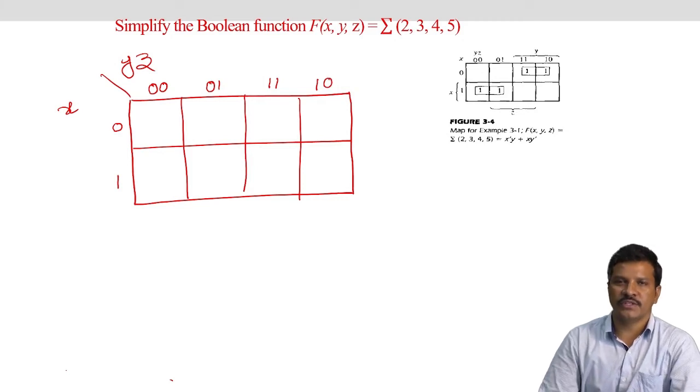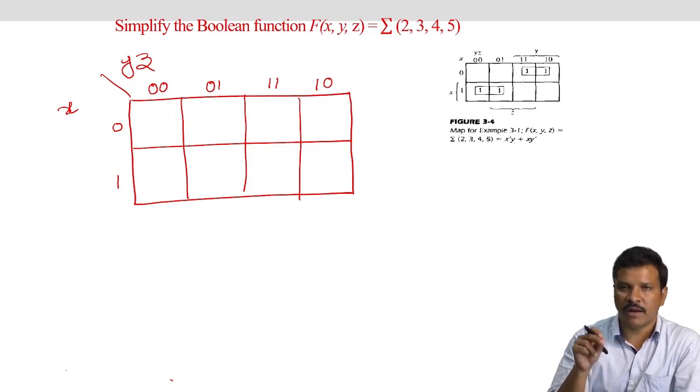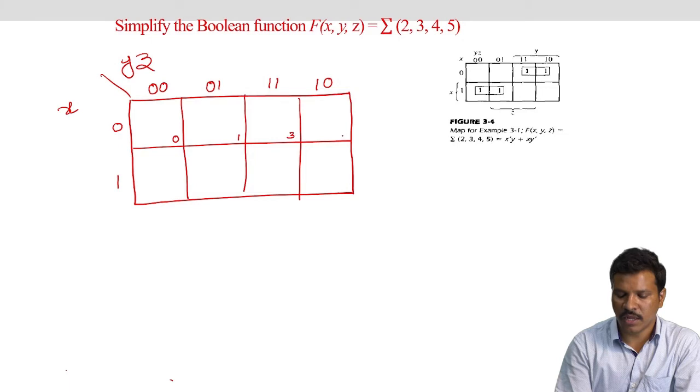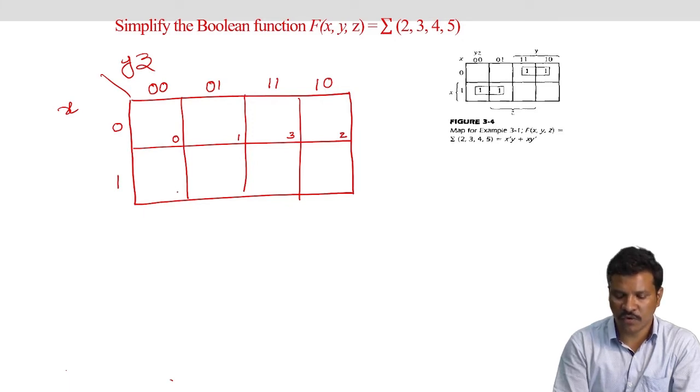We know that 00 is y bar z bar, 01 is y bar z, 11 is yz, and 10 is y z bar. We also know that the number in each square box can be represented as 0, 1, 3, 2. We need to memorize those decimal numbers placed in the square boxes: 0, 1, 3, 2, 4, 5, 7, 6.